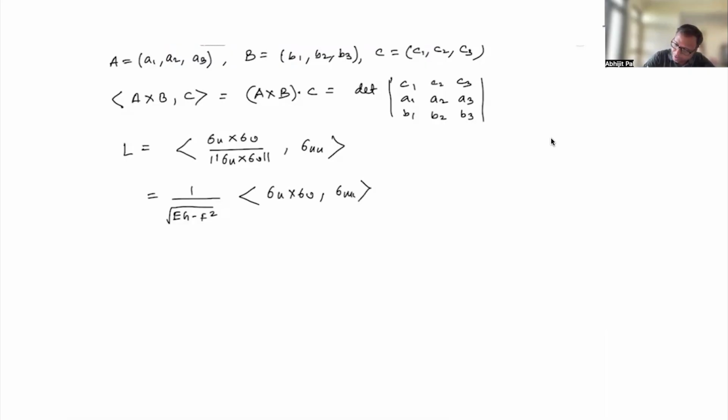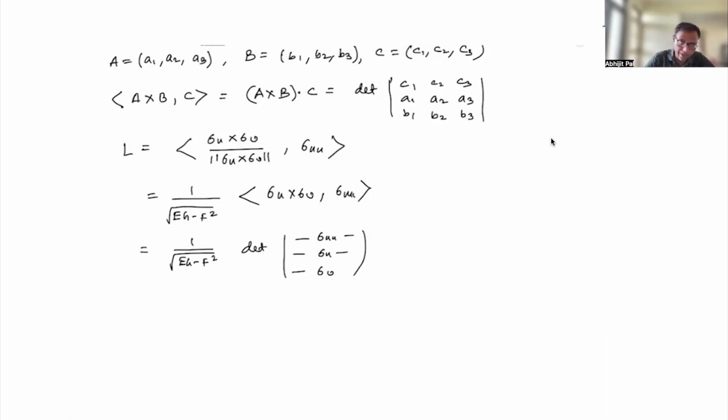Which is equal to the following: 1 over root EG minus F squared times the determinant, where in the first row you place sigma_u, in the second row you take sigma_u vector, and in the third row you take sigma_v.